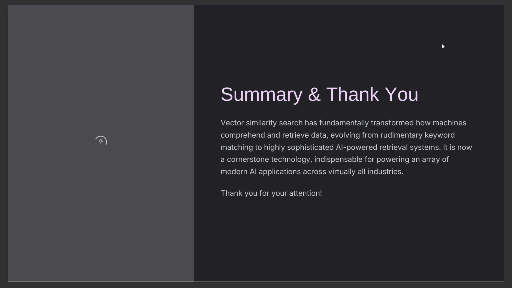Now the summary. To summarize, vector similarity search has completely transformed how machines retrieve and understand data. We have evolved from simple keyword-based matching to deep semantic AI-driven search systems. It plays a vital role in applications ranging from image recognition and recommendation systems to language understanding.